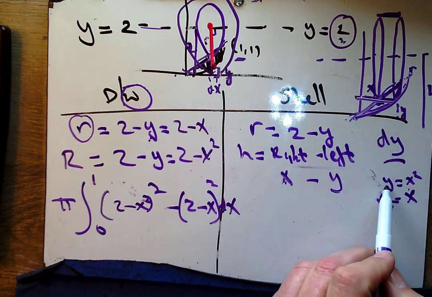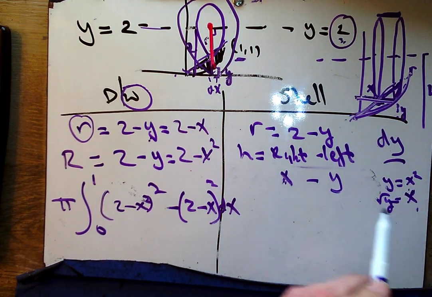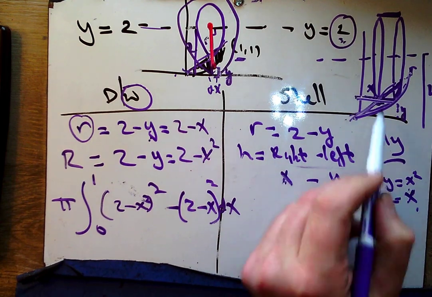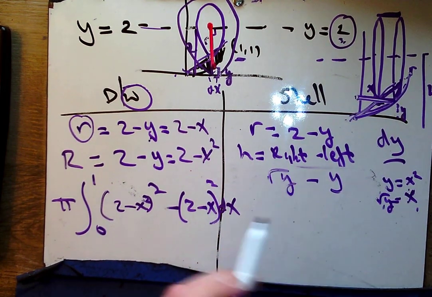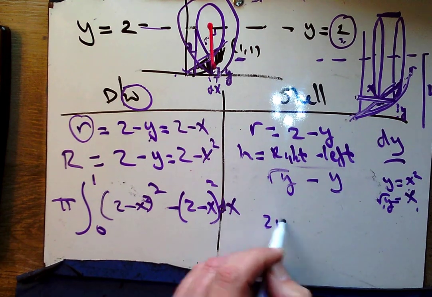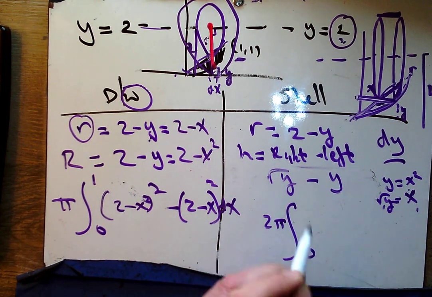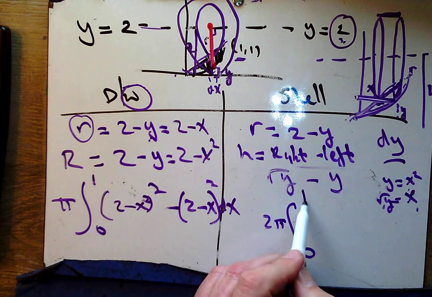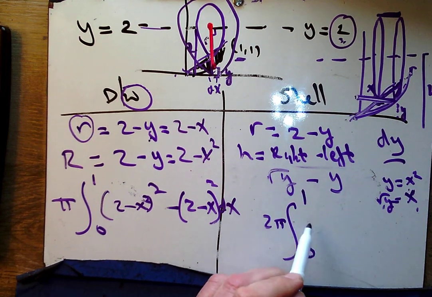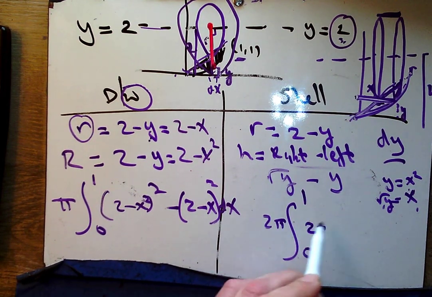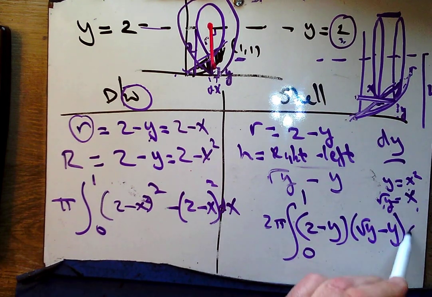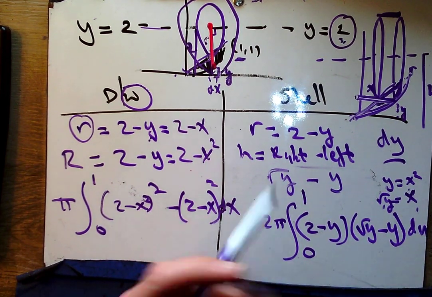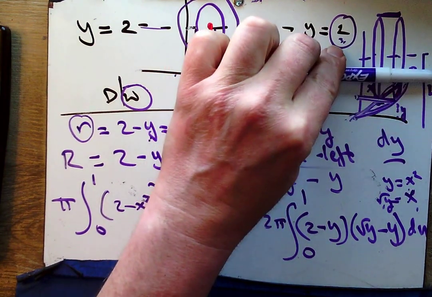So I take the parabola, I solve for x, and I see, aha, this x is equal to square root of y. So then my integral is 2 pi 0 to 1, 2 minus y, square root of y minus y, dy. We're integrating from here to here.